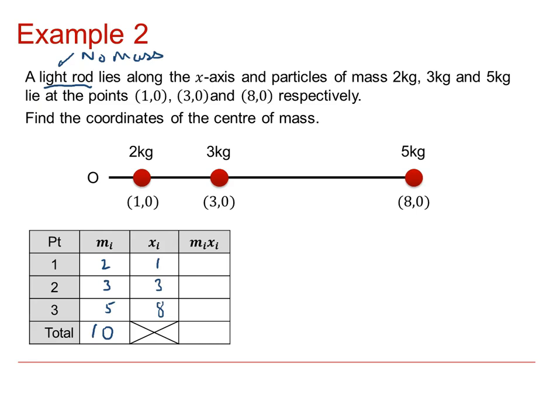So when we do the multiplication of mi xi, we get 2, 9 and 40, giving a total of 51. And therefore x bar, which is sigma mi xi divided by sigma mi, so that's the sum of the moments, which is 51, divided by the sum of the masses 10, gives us a value of 5.1.